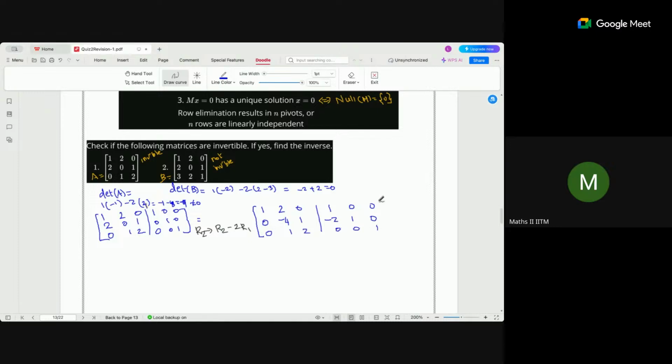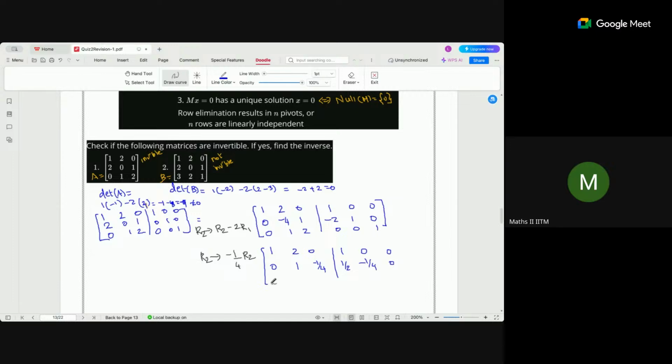0, 0, 1. So the next step is that we have to multiply the second row with -1/4, right? So the next step is R2 replaced with -1/4 R2. So what is it that you will get? You will get 1, 2, 0, 1, 0, 0, 0, 1, -1/4, and here 1/2, -1/4, 0.